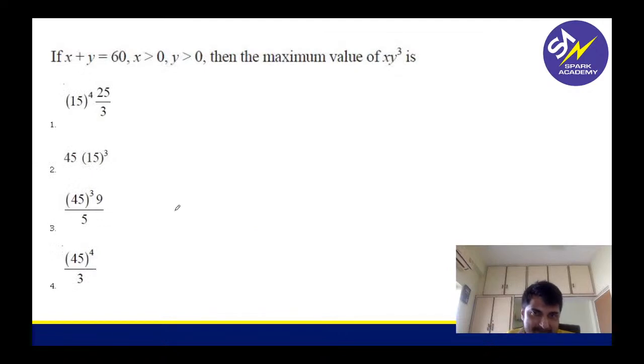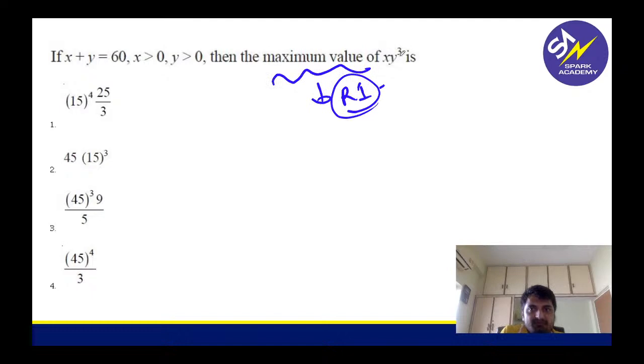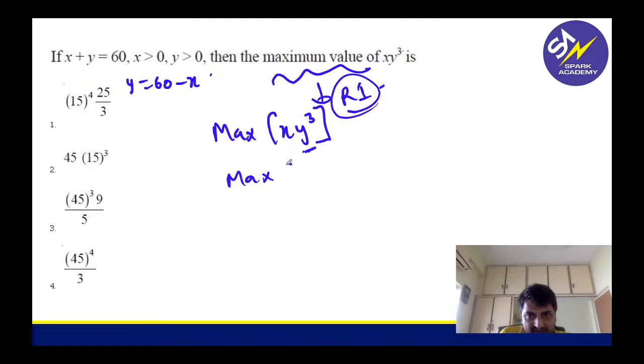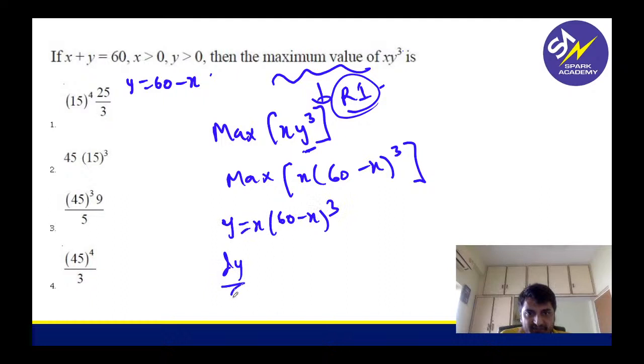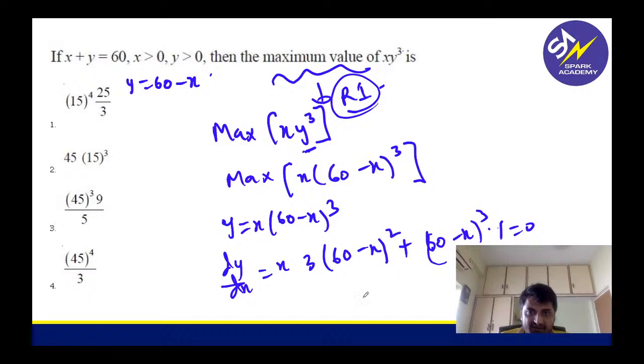What about this, guys? Maxima, minima. Round 1, right? So will you do it? You want to find out maximum of xy cube, right? So how do you write y? First convert y in terms of x. This is 60 minus x. So I have to maximize x into 60 minus x whole cube. So basically I will take y as x into 60 minus x whole cube. I can do dy by dx, UV rule, x into 3 times 60 minus x whole square plus 60 minus x whole cube into derivative of x is 1, that part is 0.